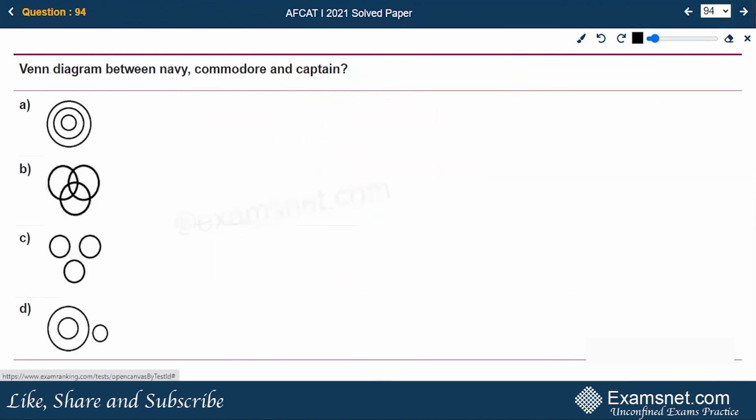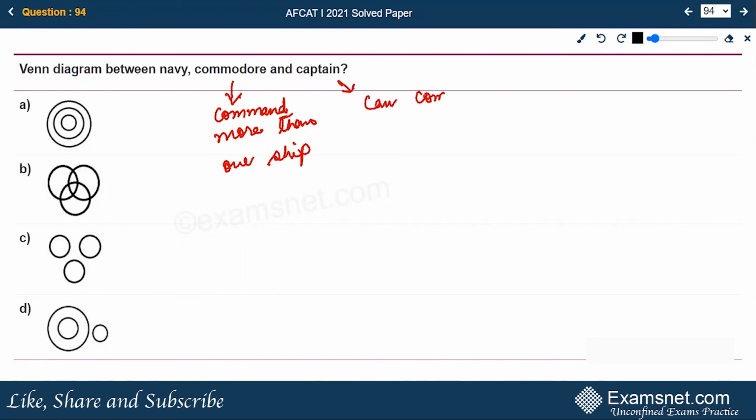Next, question number 94. Venn diagram between Navy, Commodore, and Captain. See, Commodore is the one who can command more than one ship. Captain can command only one ship at a time.